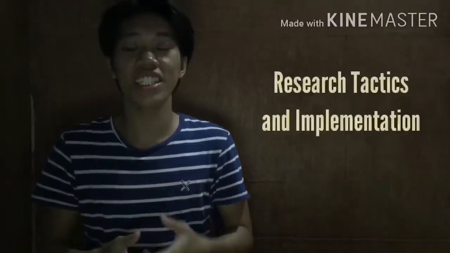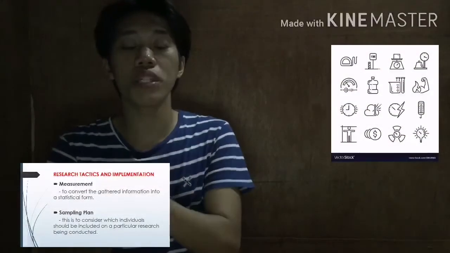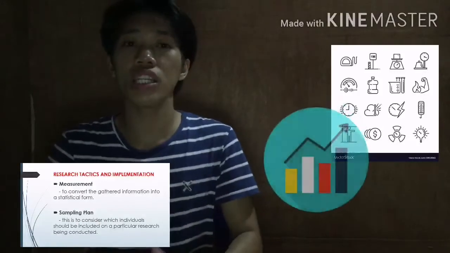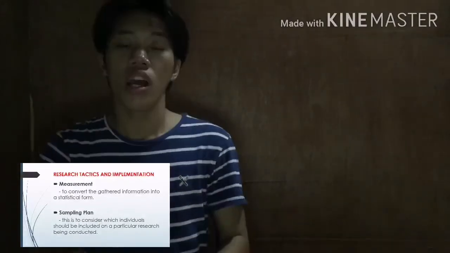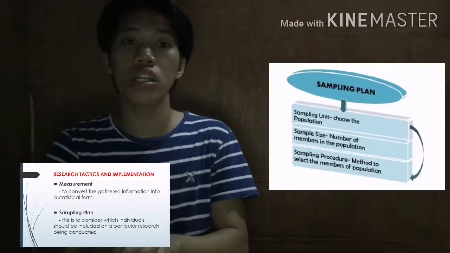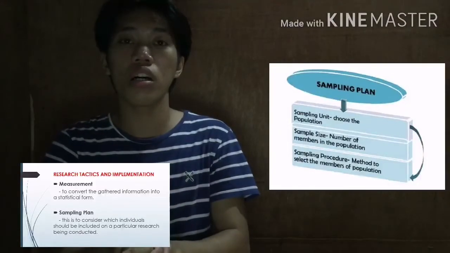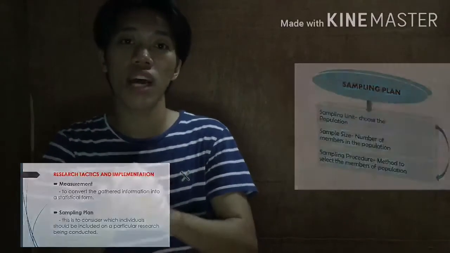Next is research tactics and implementation, which have measurement and sampling plan. Measurement is to convert the gathered information into a statistical form, while sampling plan considers which individuals should be included in a particular research being conducted.